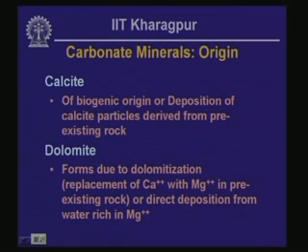So, basically carbonate minerals originate from a precipitation process. It could be either an organic precipitation process, or it could be an inorganic process from seawater, or from the action of water basically.